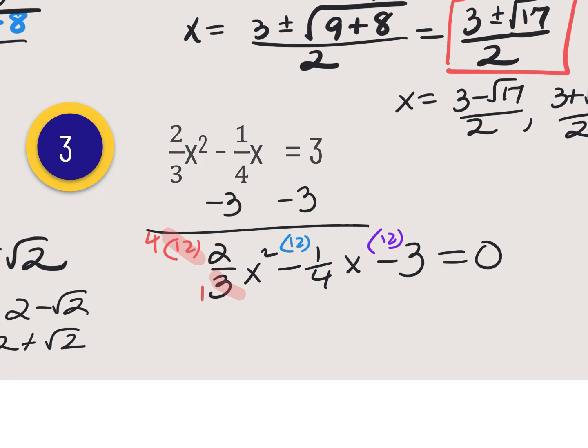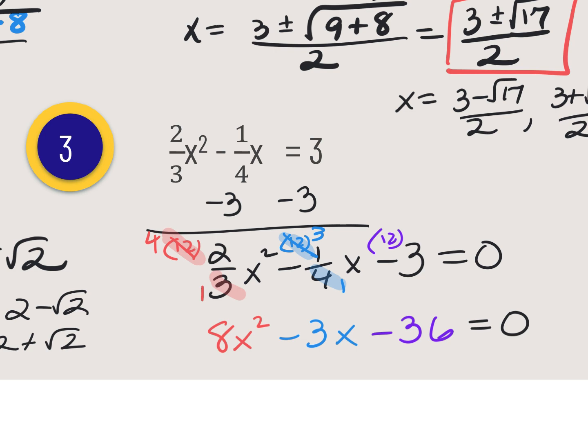So now I just do 4 times 2, and this gives me 8x squared. Then I'm going to go to the blue. The blue simplifies, and this becomes a 1, this becomes a 3. So then 3 times 1x is just negative 3x. And then next I'm going to multiply, nothing to simplify on the purple, so 12 times 3 is 36.